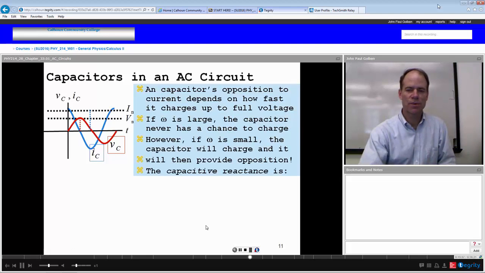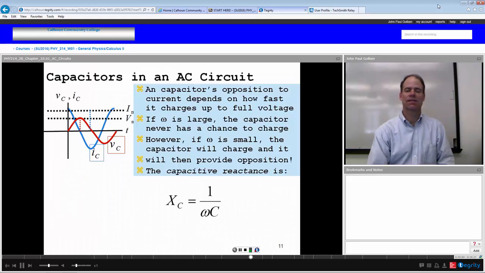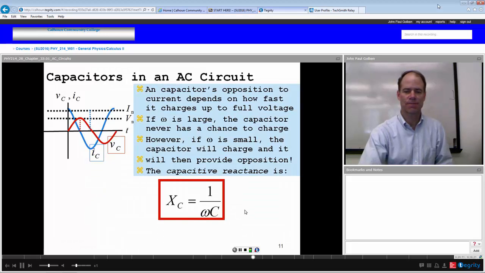We can express this as the capacitive reactance, chi sub c, or if you will, X sub C, is equal to 1 over the angular frequency times the capacitance. And if we were to multiply 1 over radians per second times farads, we would get units of ohms.